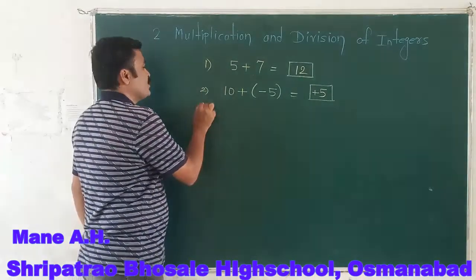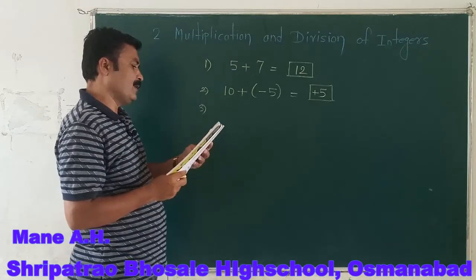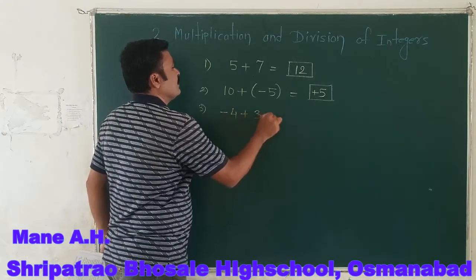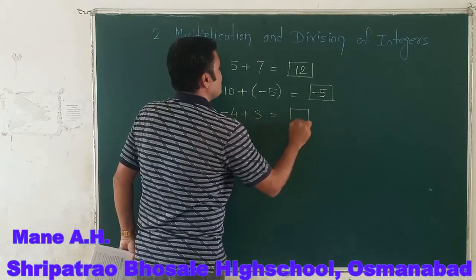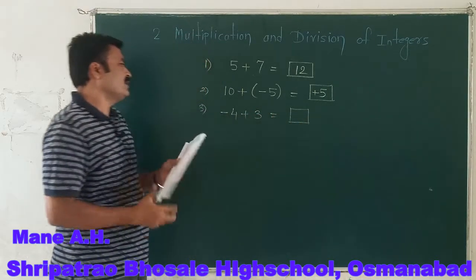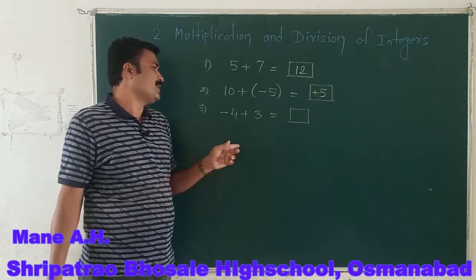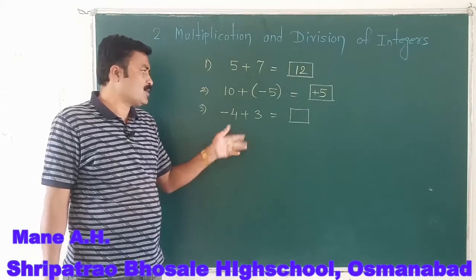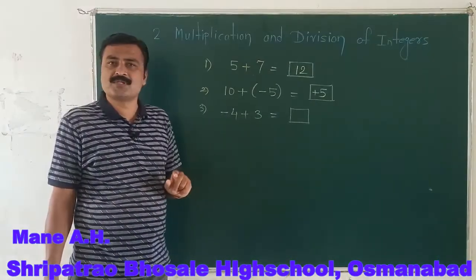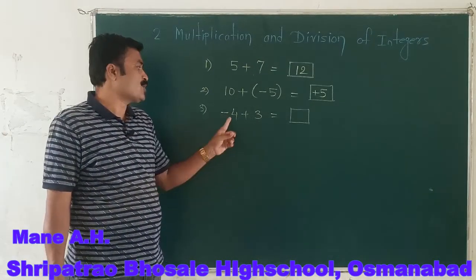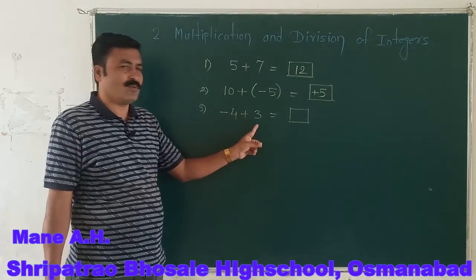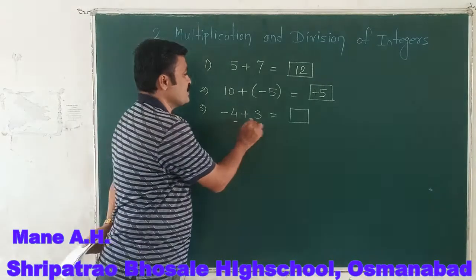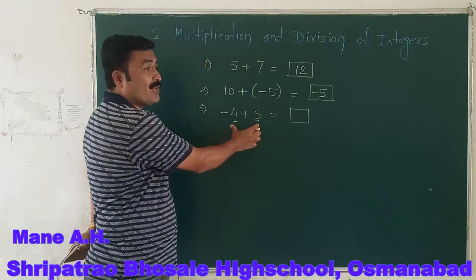Thereafter we get the third example in this way: minus 4 plus 3 is equal to box. Here minus 4 is given as a negative integer and 3 is a positive integer. Again it is addition between one negative and one positive integer. So according to the step, we take the difference between the magnitudes of these two integers.